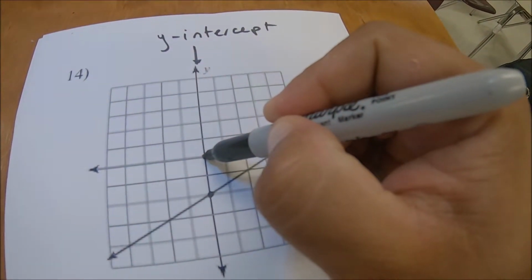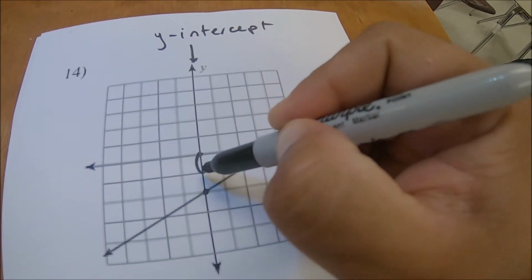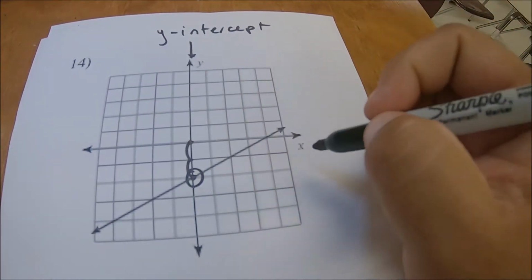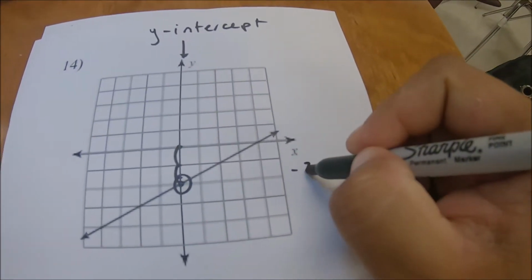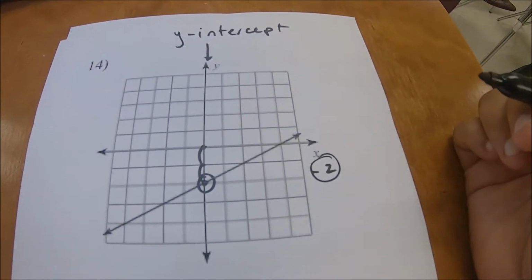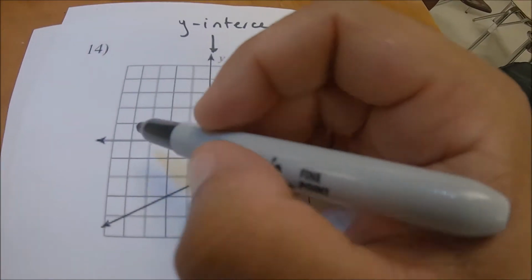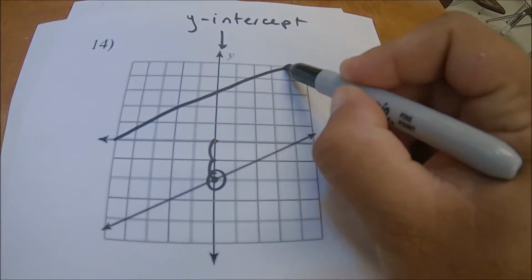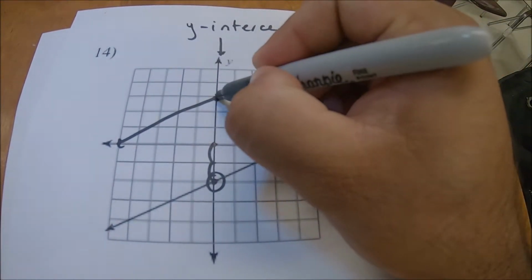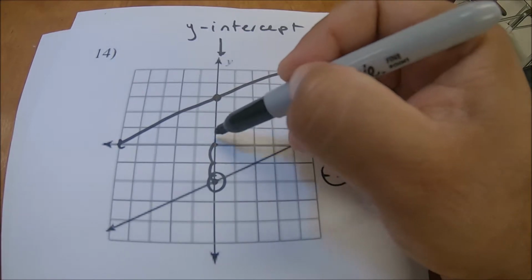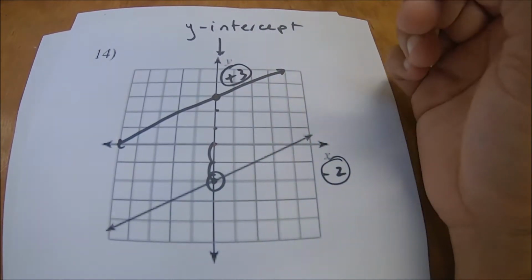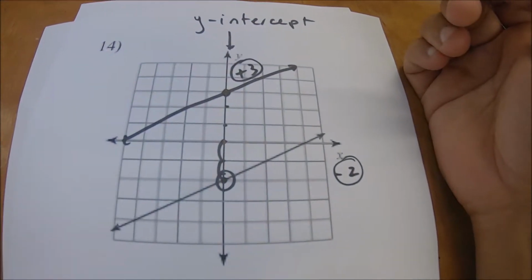If this is (0, 0), we have to go down 1 unit, down 2 units, so I know that my y-intercept is going to be -2. Now, if my line had passed through, let's say, that point, then my y-intercept would be +1, +2, +3. Does it matter if my line is positive or negative slope?